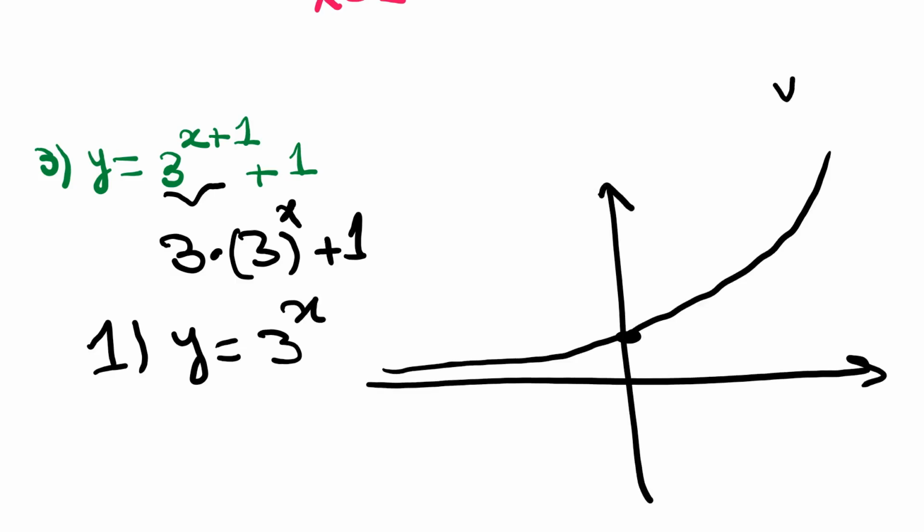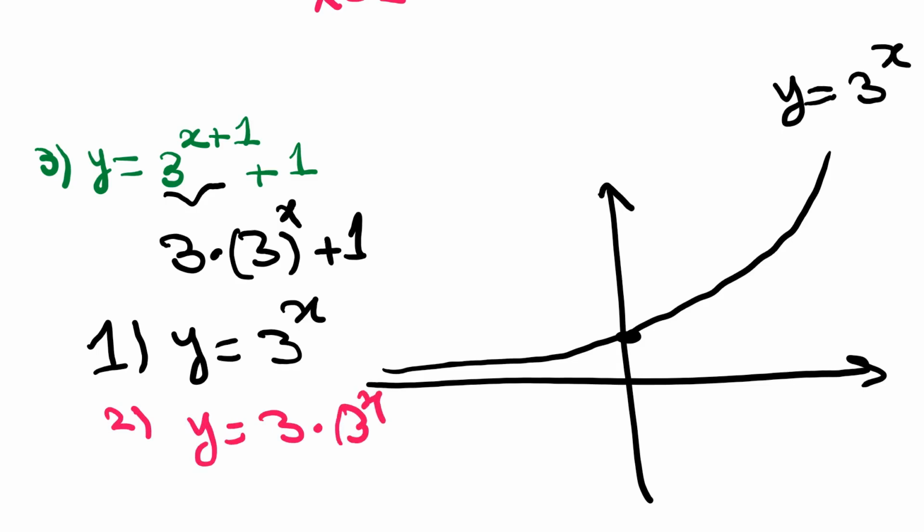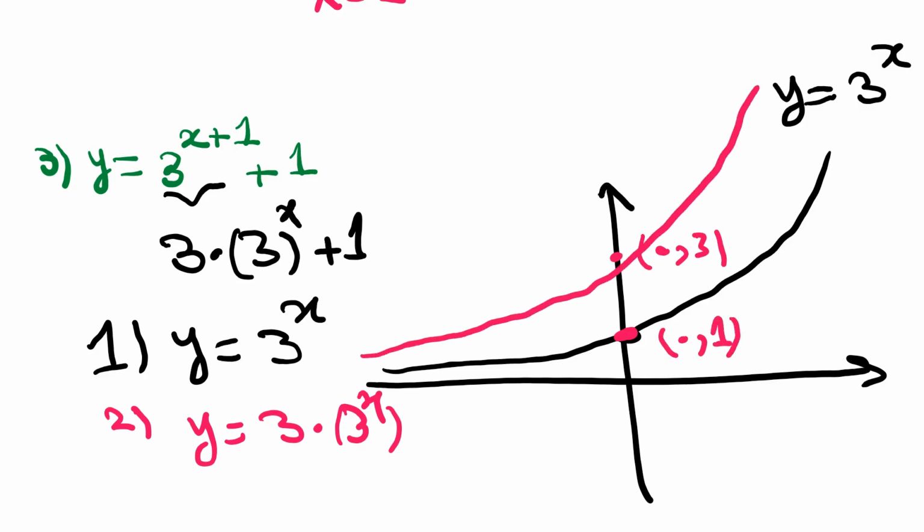And after that, y equals 3 times 3 to the power x, all the members times 3. Therefore, this point goes to 0 and 3, because at the first it was 0 and 1, something like this. Then 3 times 3 to the power x plus 1, something like this.